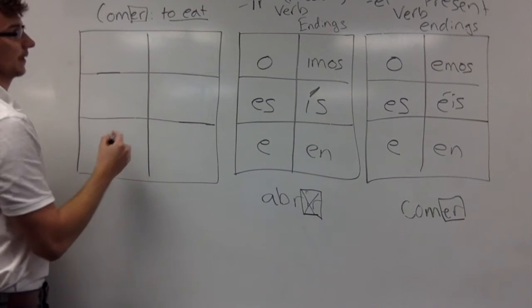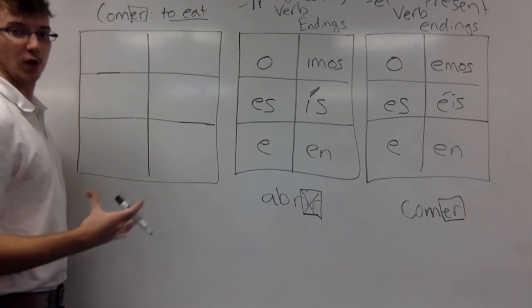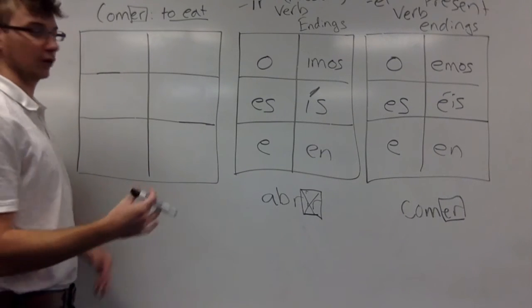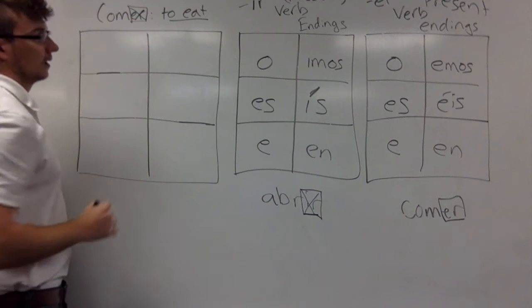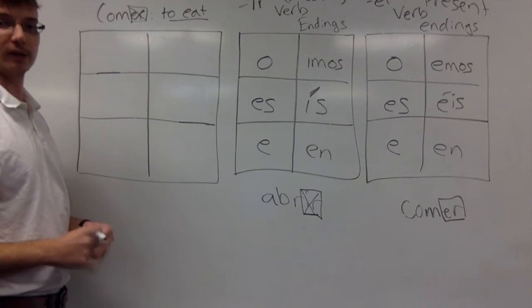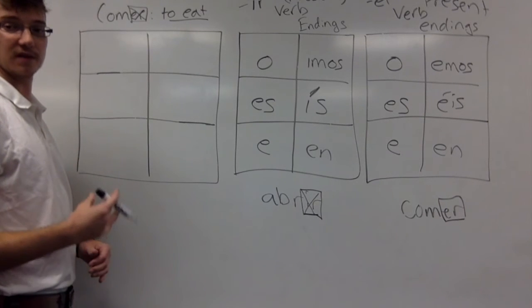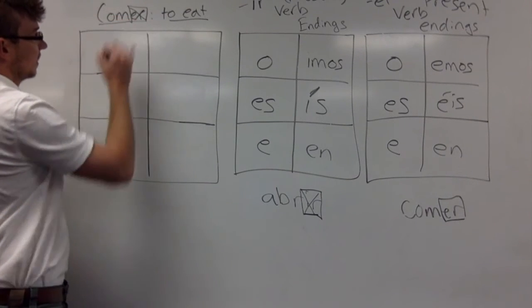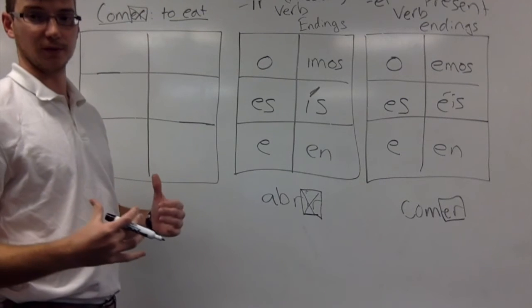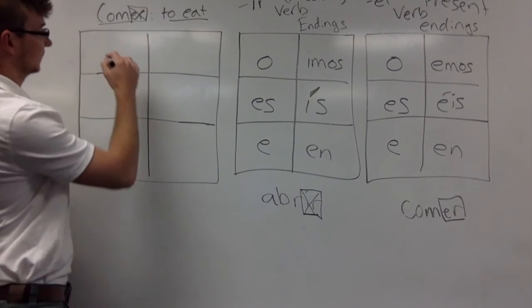It's that ER there. Every time we take that verb, we're going to drop that verb ending. After we've dropped it, we have left what's called the stem or the root. For comer, it's C-O-M. Now we take that stem, or the root, and we apply it to each one of these boxes.